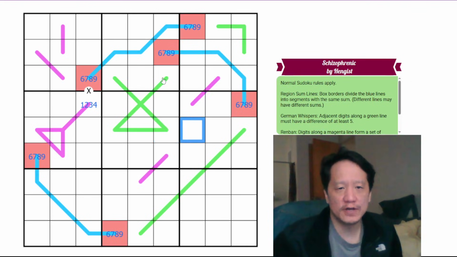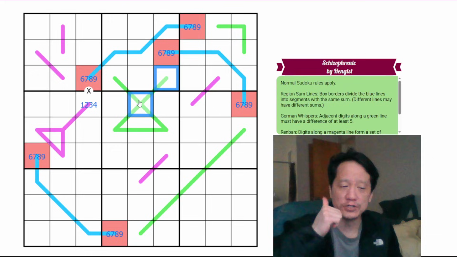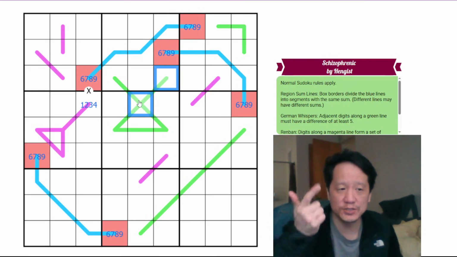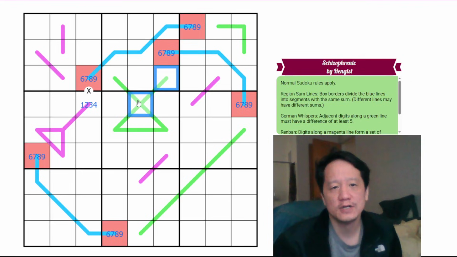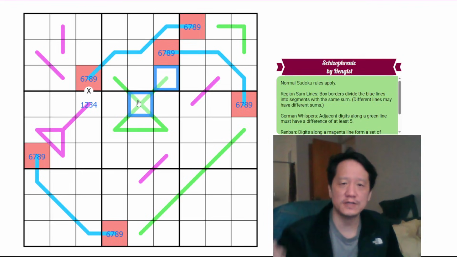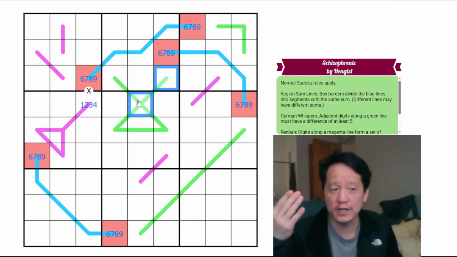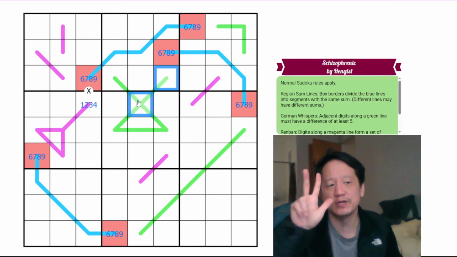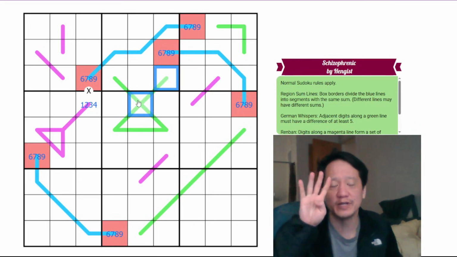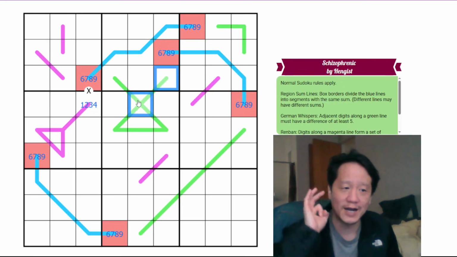On a whisper 5 line, you'll always alternate between low digits, which are the digits 1 through 4, and the digits 6 through 9, which are high digits. The reason you know that is what digits can be next to a low digit. 1 can be next to 6 through 9, 2 can be next to 7 through 9, 3 can be next to 8 or 9, and 4 can only be next to 9, all of which are high digits.